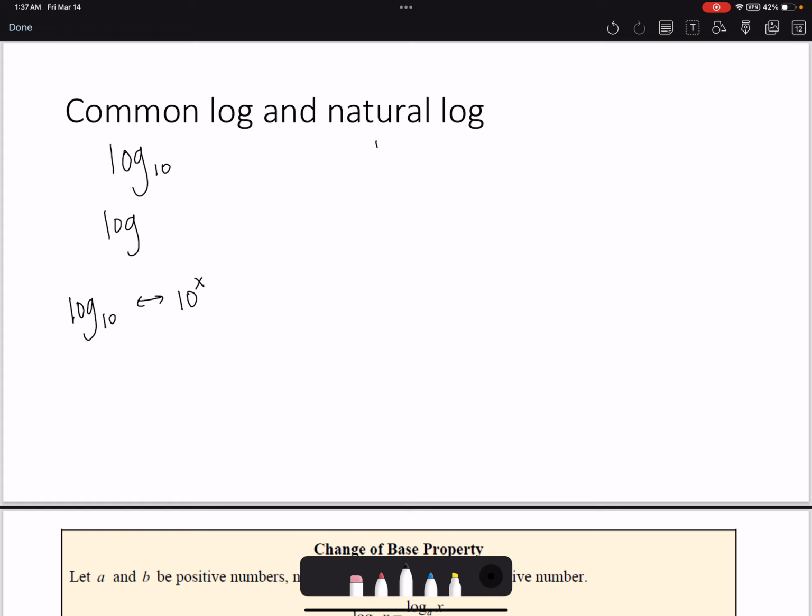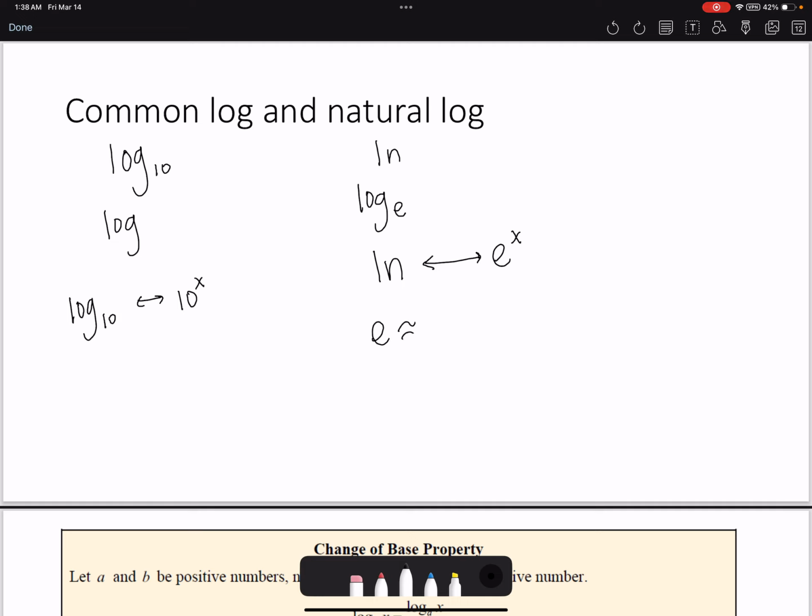The natural log is ln, which is log base e. ln and e to the x are opposites of each other.